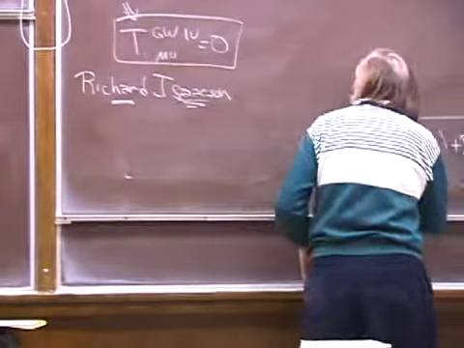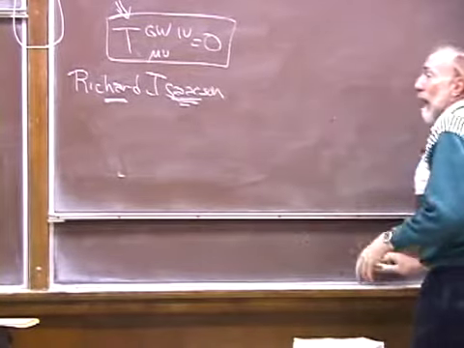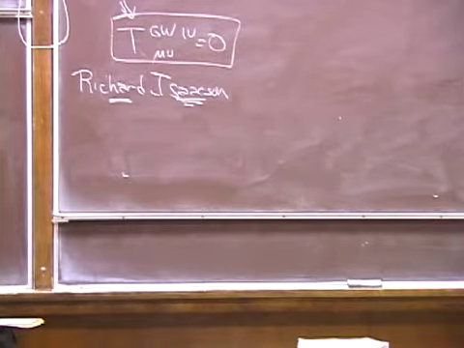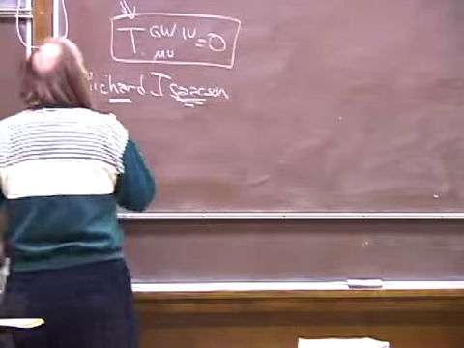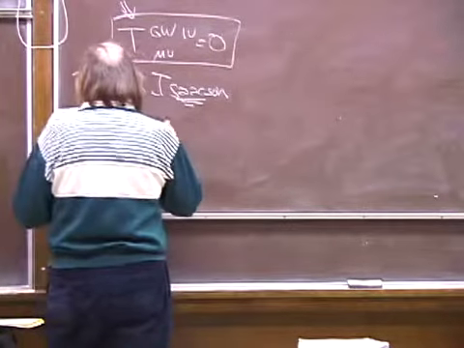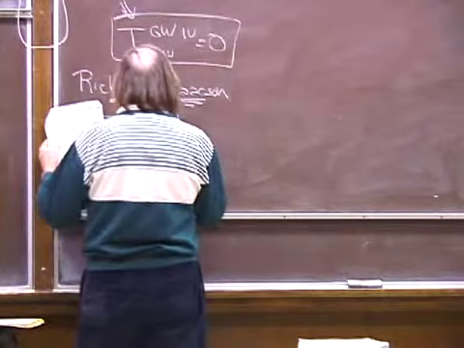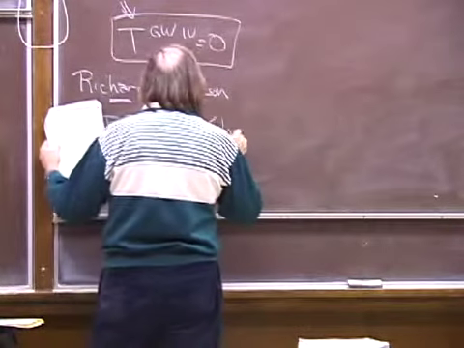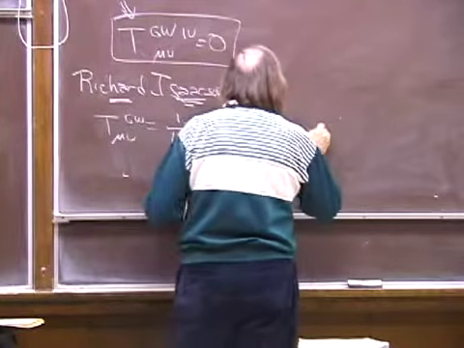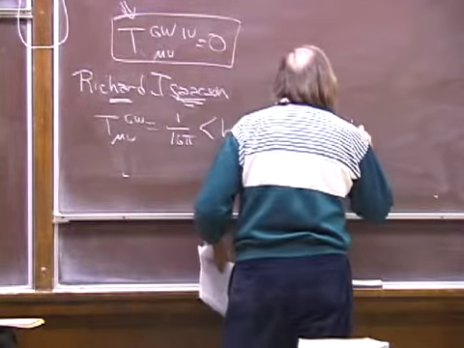Anyway, when you go through all of this mathematics, you find, as a bottom line, that T mu nu, gravitational wave, is equal, in fact, to 1 over 16 pi times h plus mu, h plus nu, plus h cross mu, h cross nu.